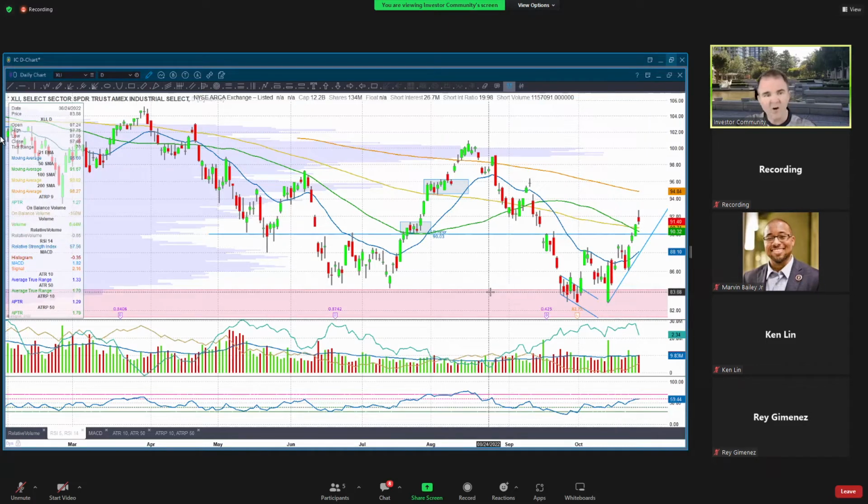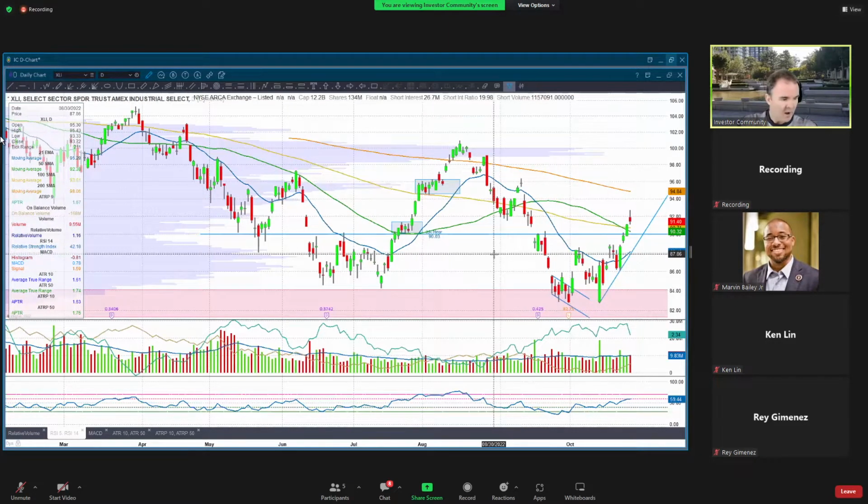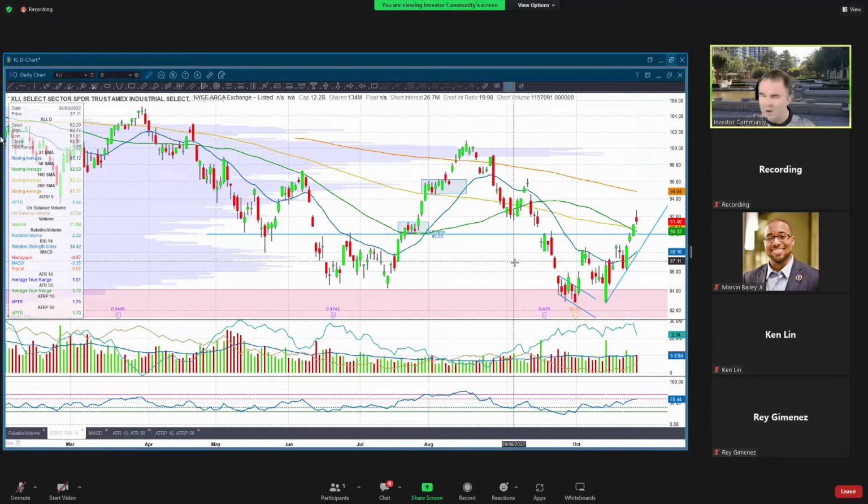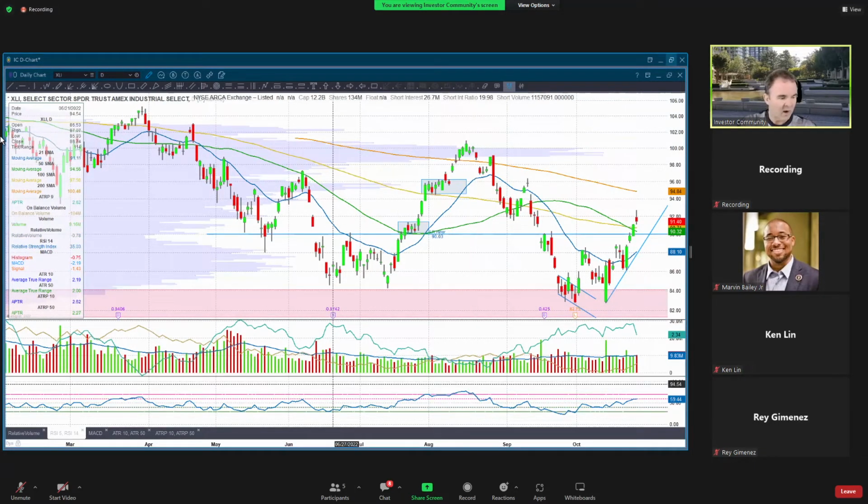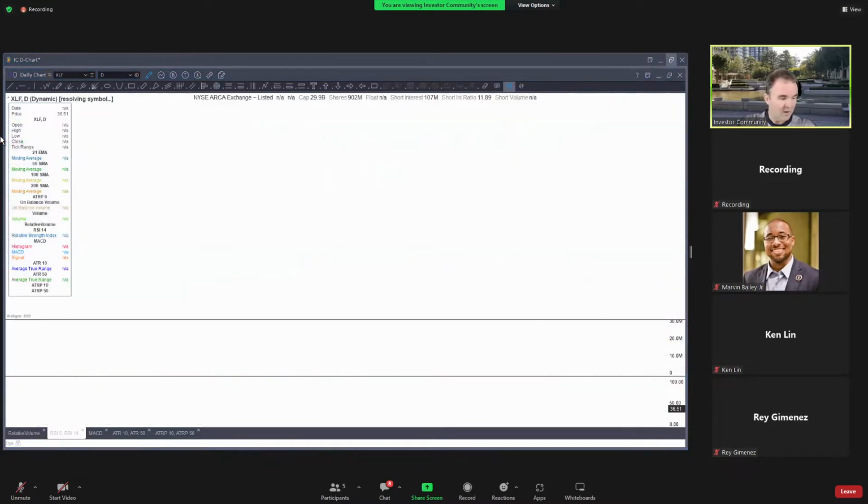I've been having a hard time finding individual names though to get into, unfortunately. The aerospace and defense sector is kind of the leader in here, but most of those companies have moved up so much already; they're tough to get into. But if anybody else sees any industrial stocks that they think are any good, please let me know.